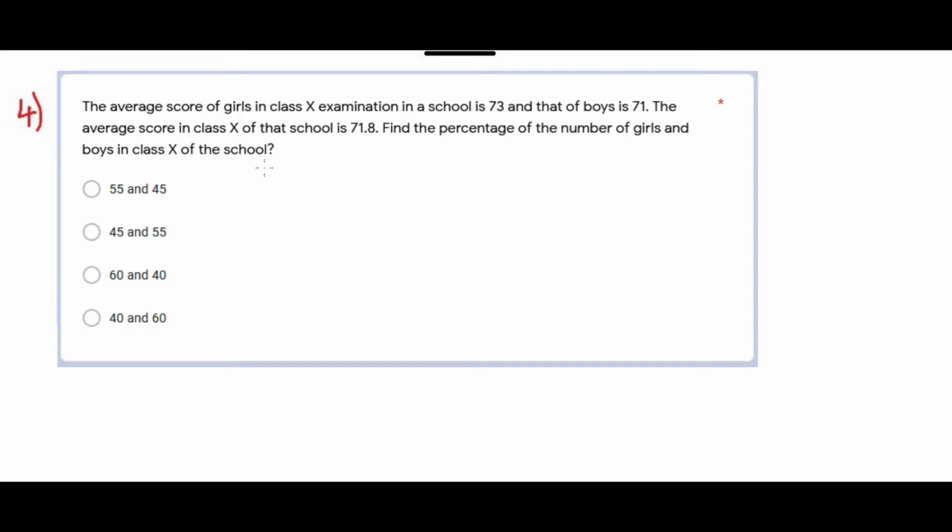First, the average of girls. The average of girls is equal to 73. That means sum divided by the number of girls. Let me take it as capital G. And the average of boys is equal to 71, which is equal to the sum of boys' marks divided by the number of boys.